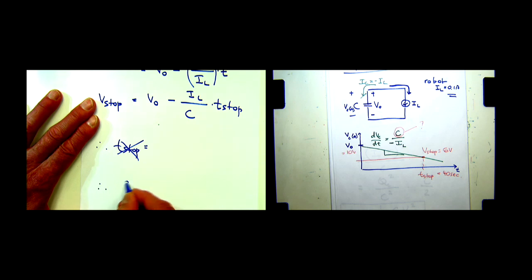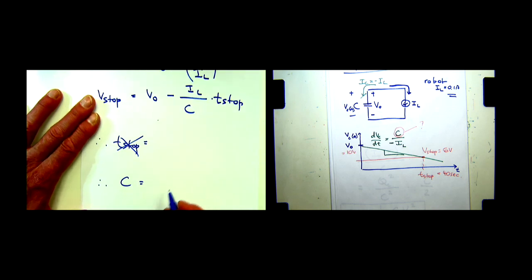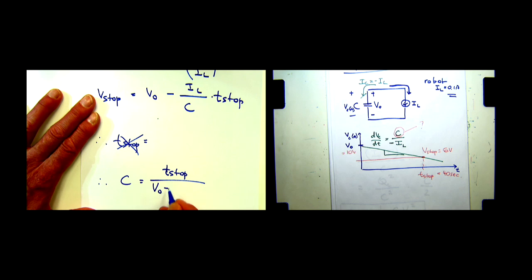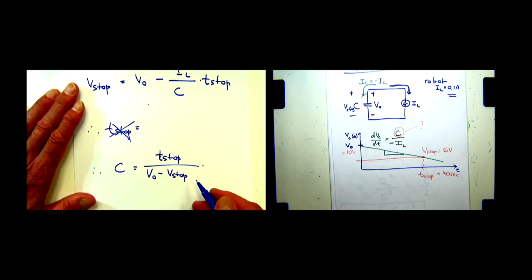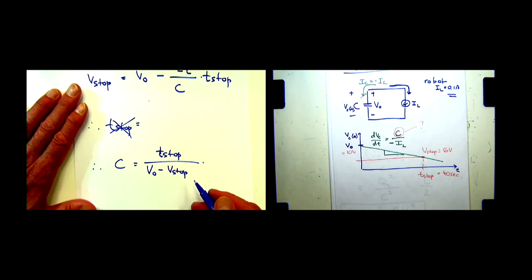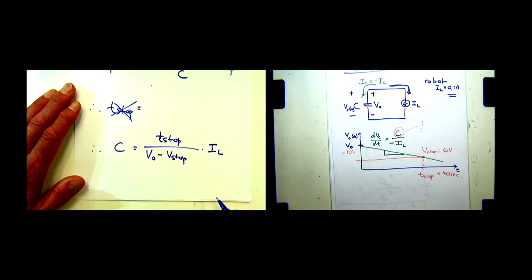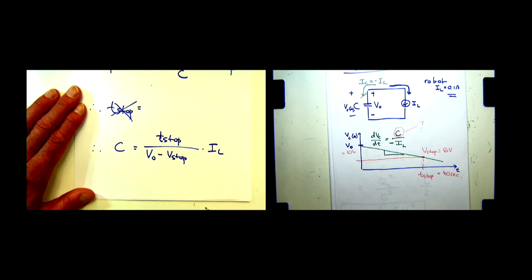Let's solve this for C. C is going to be equal to T stop over V0 minus V stop times IL. I wrote this down because otherwise I make another stupid mistake in front of you.